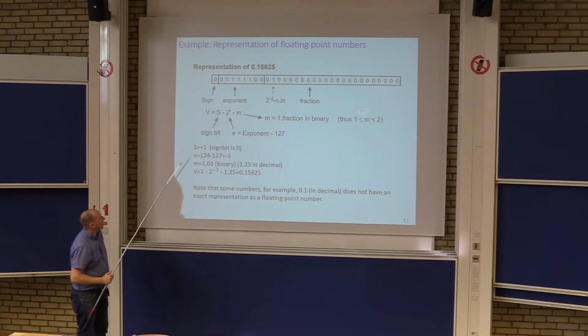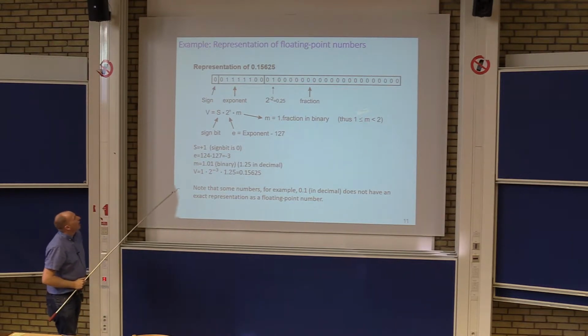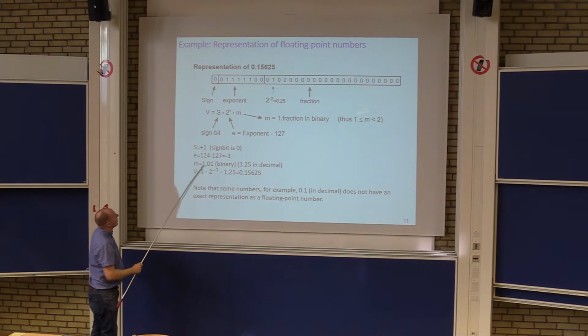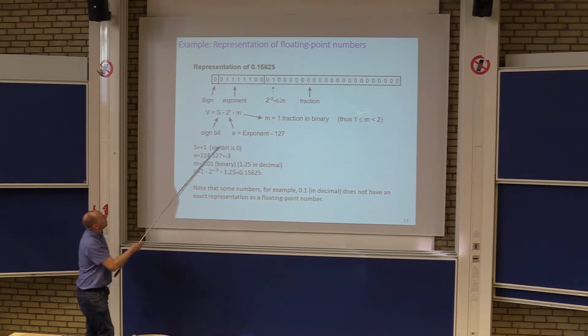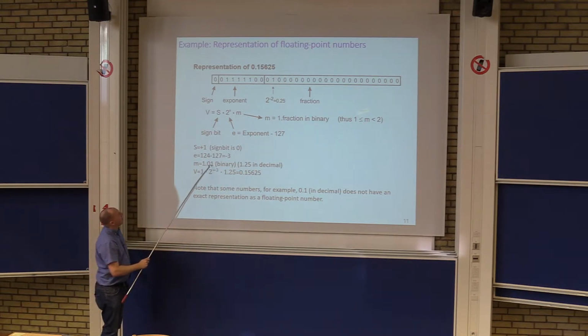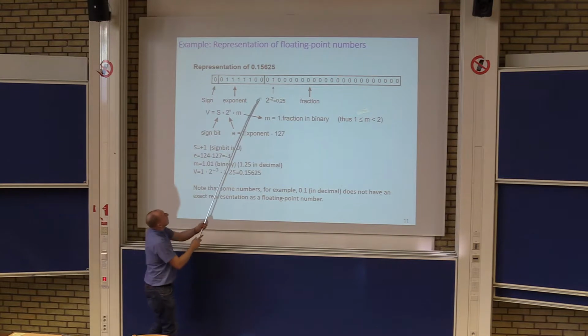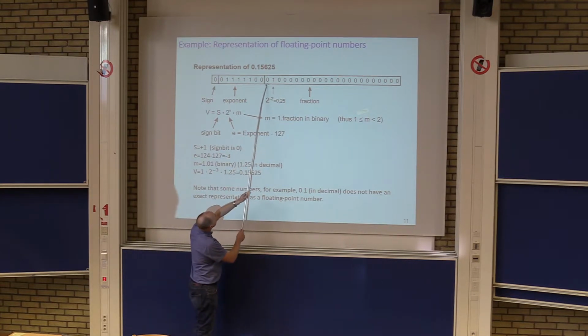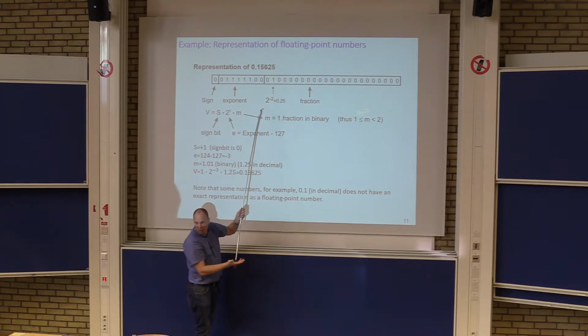So it's just decided by the standard. And then we have an exponent bit field here, which will be minus 3. And then the fraction part here will be 0, 1. So it's represented like that. As I mentioned, this was 2 to the power of minus 1. This is 2 to the power of minus 2, which will be 0.25, right?